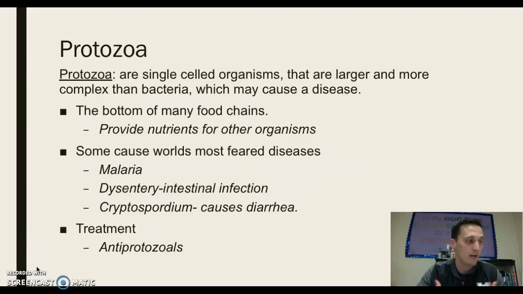These are eaten and provide nutrients to other organisms, but they can cause some of the most feared diseases out there, like malaria, dysentery, which is a severe intestinal infection, and that fun C word, cryptosporidium, however you want to say that, which causes severe diarrhea.